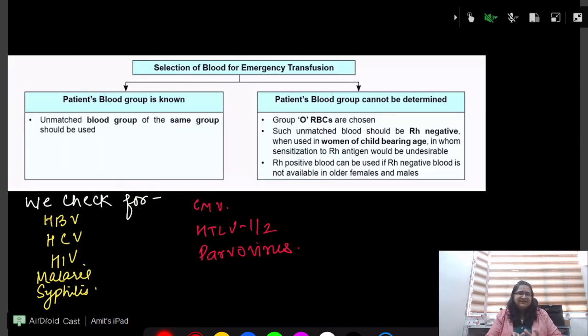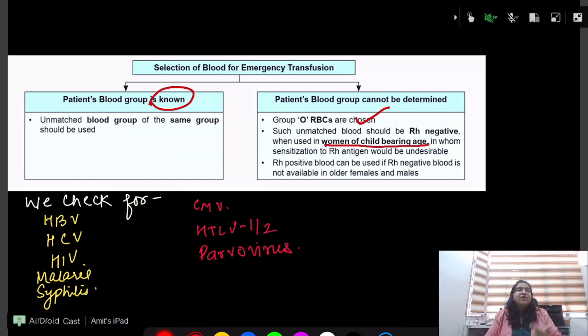How do you select for emergency transfusion? If the patient's blood group is known, then blood of the same group should be used. If the patient's blood group cannot be determined, then group O RBCs are chosen, and the unmatched blood should be Rh negative when used in a woman of childbearing age.